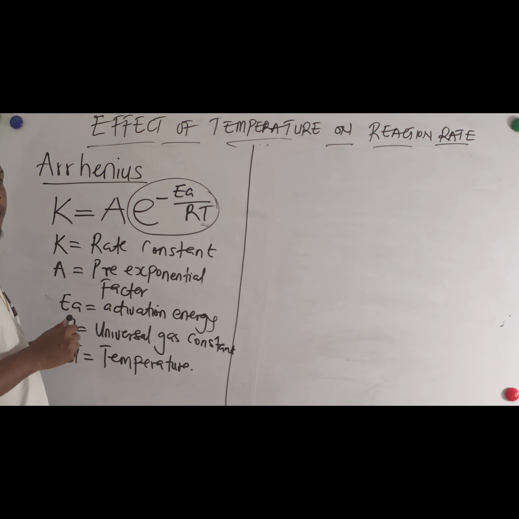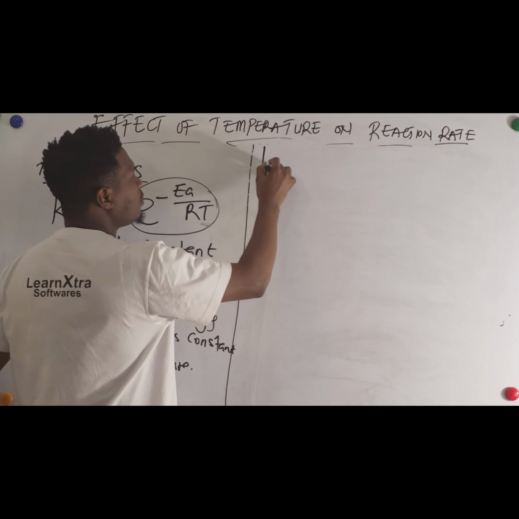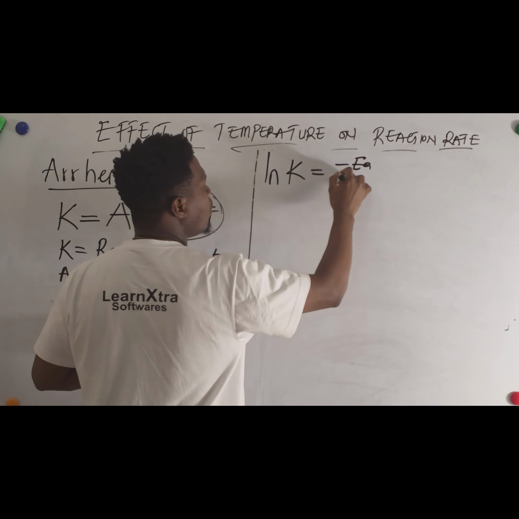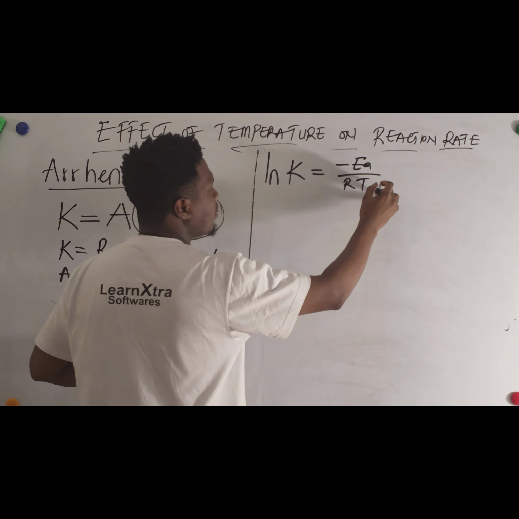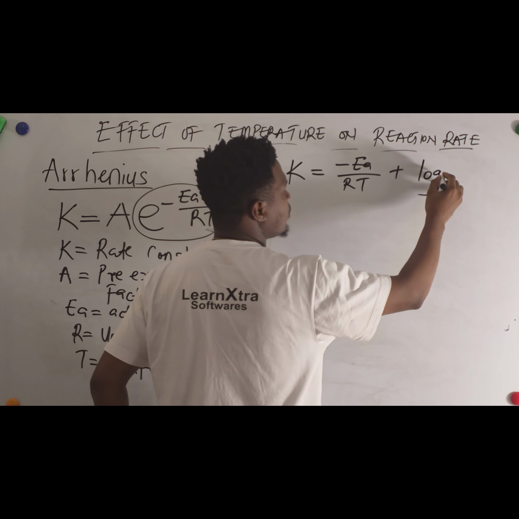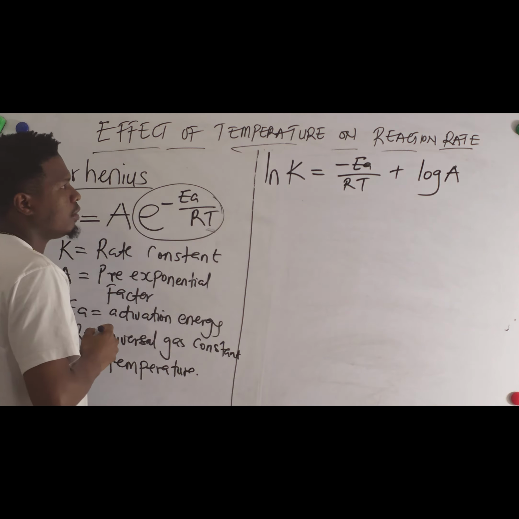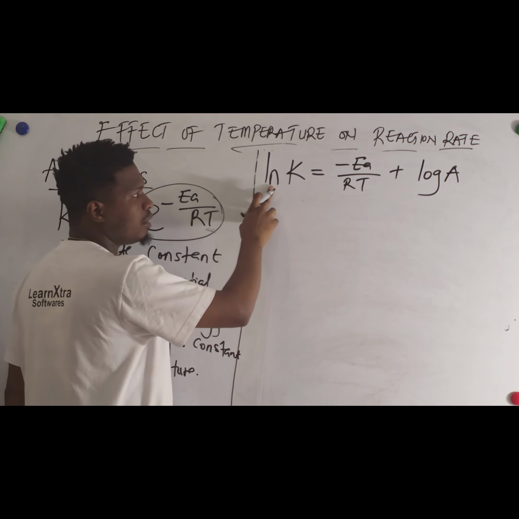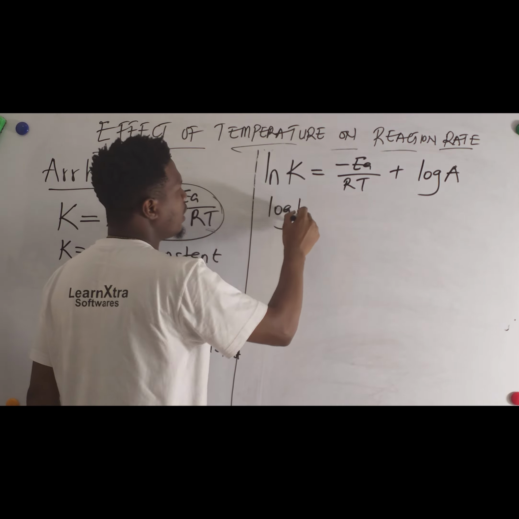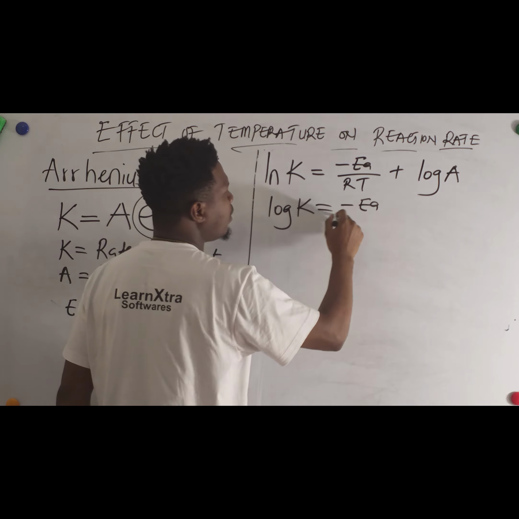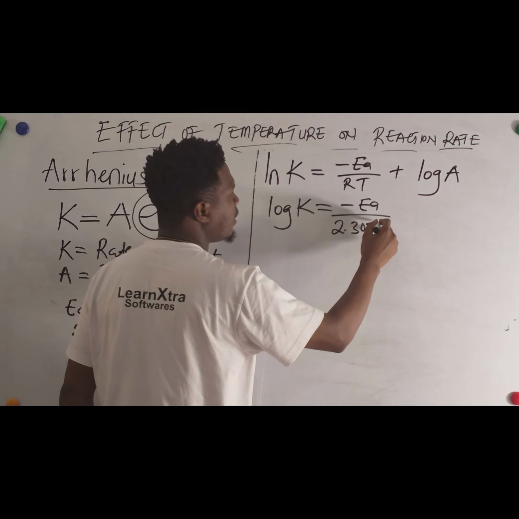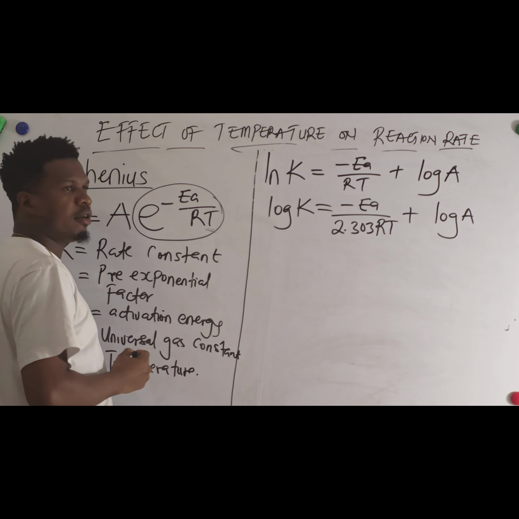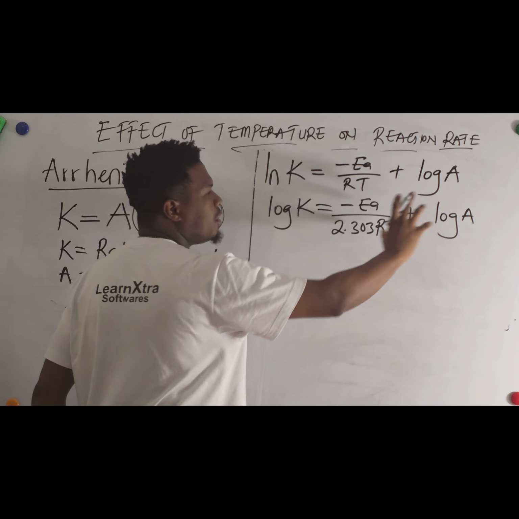So natural log of k is equal to minus Ea over RT plus log A. This is the same as saying, if I change this into normal logarithm, log k is equal to minus Ea over 2.303 RT plus log A. So this is a simpler version of the Arrhenius equation.